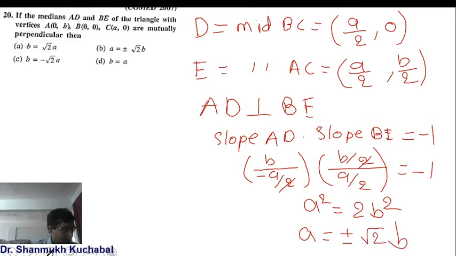So this is the answer, and clearly option B is the right answer. I have taken the midpoints, and our observation is that they are mutually perpendicular, so we calculate the slopes of AD and BE and simplify to get the answer. Like this we have to solve.